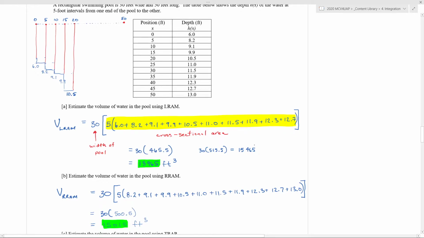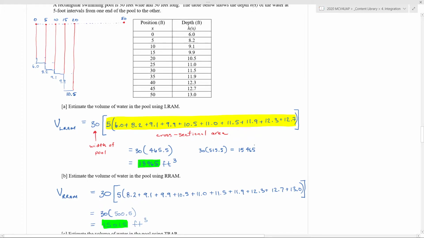So is my B answer wrong as well? Yeah, I got something different for B, sir. Okay, good. So let me see what I get, and then I'll see if we're all on the same page again.